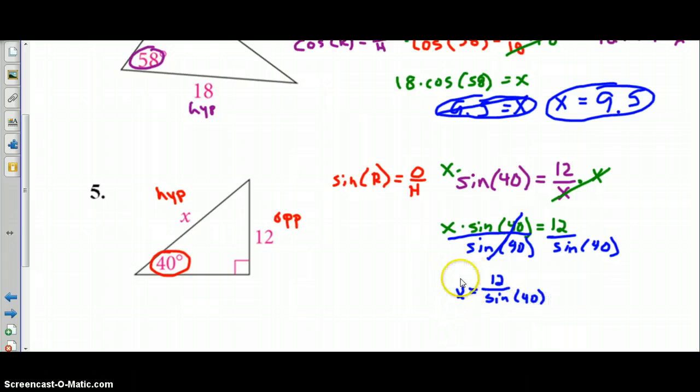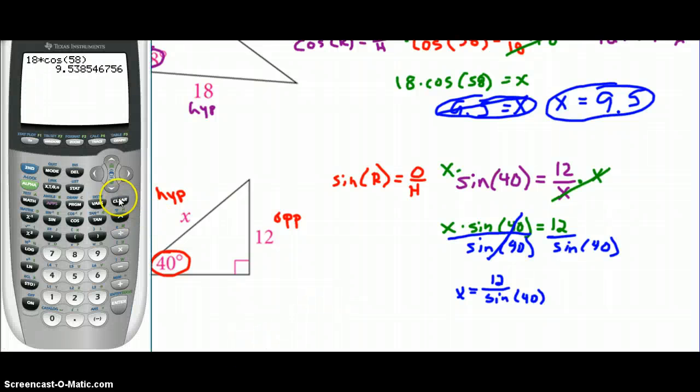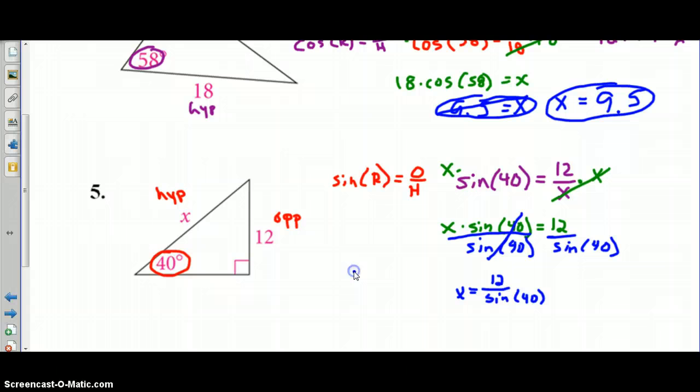So now that x is by itself, we can use our calculator to evaluate that equation. Typing in 12 divided by the cosine, I'm sorry, not the cosine, but the sine of 40, closing the parentheses, and evaluating on our calculator, rounding to the nearest tenth, our side length for the hypotenuse is 12.7 units long.